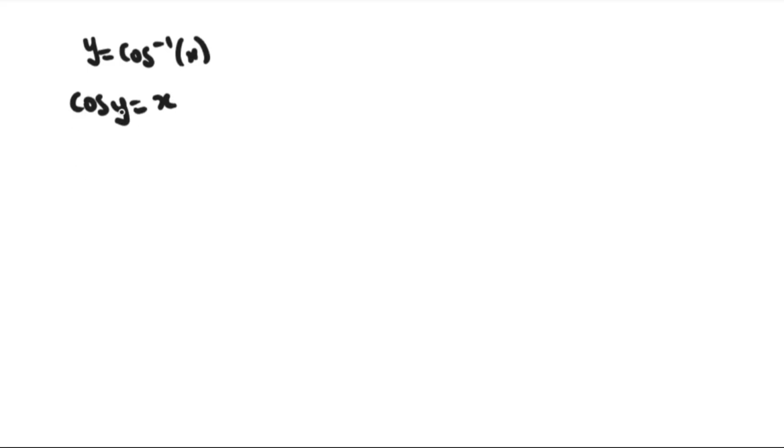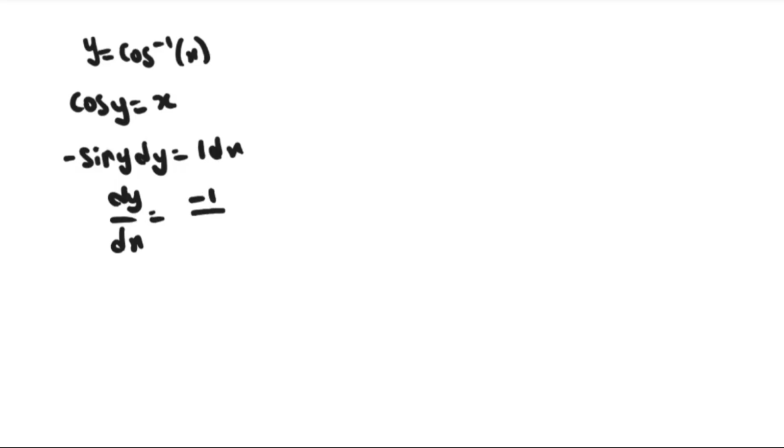So therefore, if you differentiate cos y, you get minus sine y with respect to y. If you differentiate x, that will be 1 with respect to x, dx. So dy/dx will give us minus 1 over sine y.